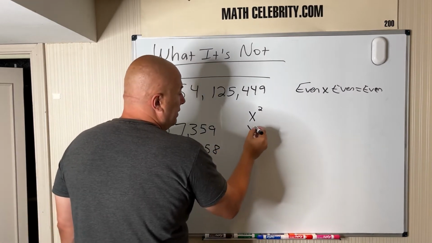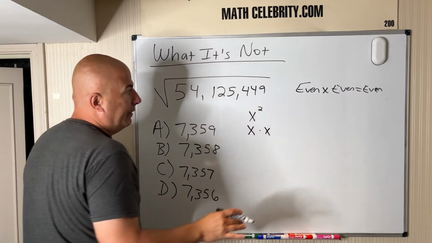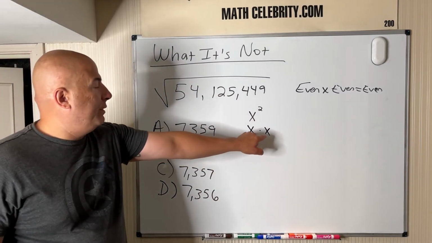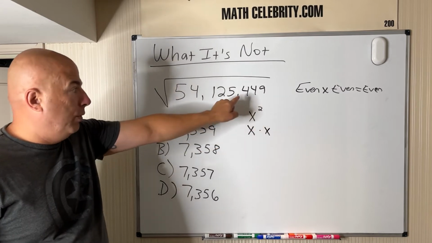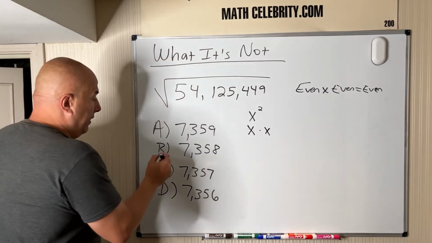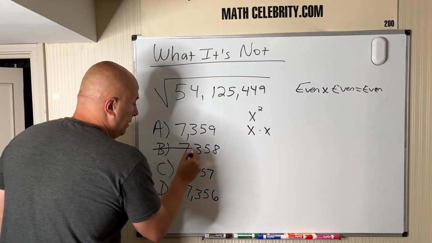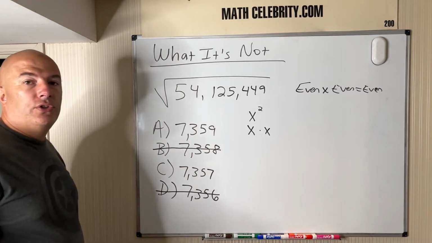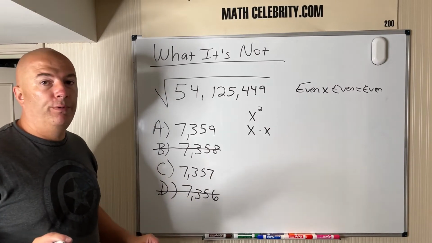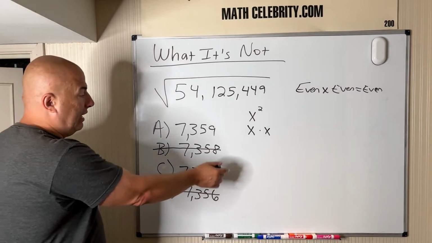Well, x squared is just x times x, right? If I have two evens, I will never get an odd number. Which means this goes away and this goes away. So in one simple move, one fell swoop, we've knocked out half the answers.